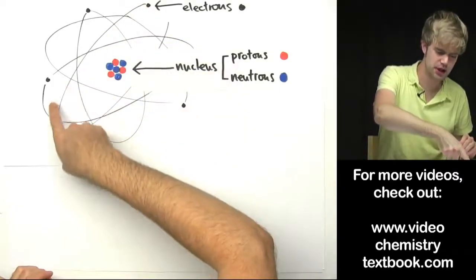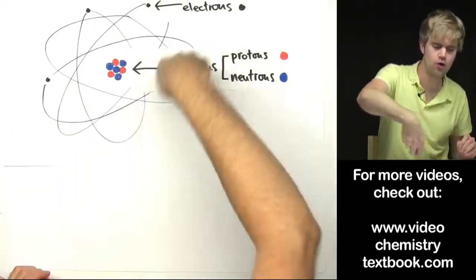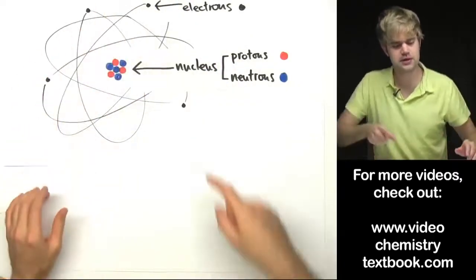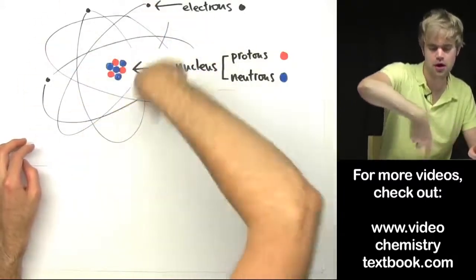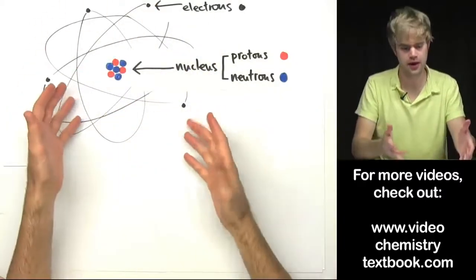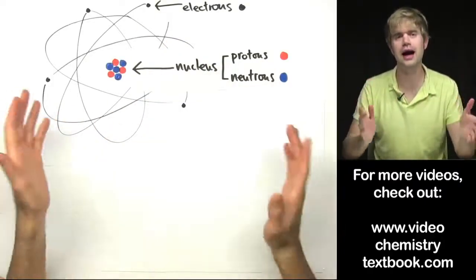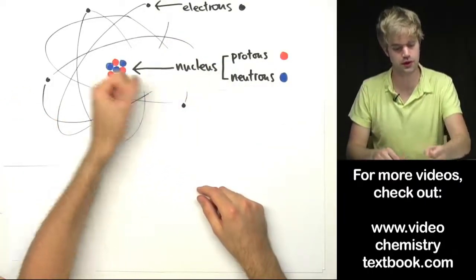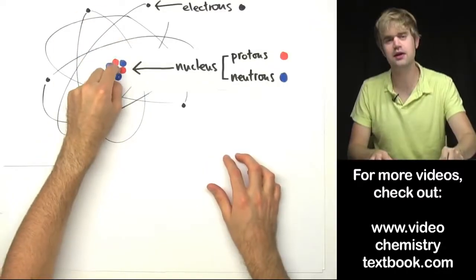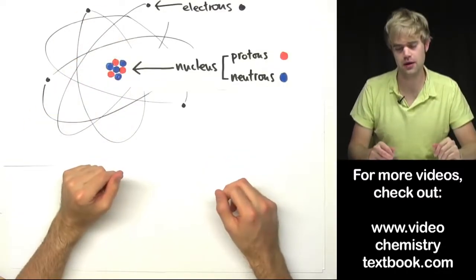The electrons, you'll see, are connected to these sort of oval paths, and I've drawn these in to show that the electrons are constantly moving. They're flying around the outside of the atom at an incredibly high speed, whereas the nucleus stays solid right in the middle of the atom.